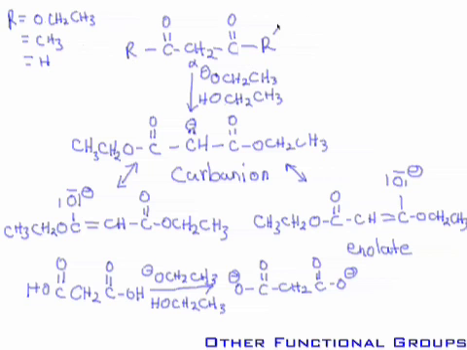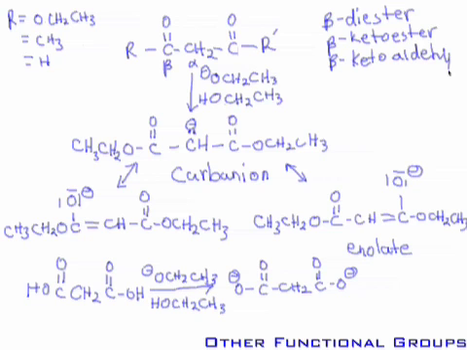In other words, notice that one carbonyl is located alpha, beta from the other carbonyl. So these are beta dicarbonyl systems. So we could have beta diesters, an ester group on both functional groups. We could have a beta ketoester, a beta ketoaldehyde. They could be different. We could have a ketone and an aldehyde.